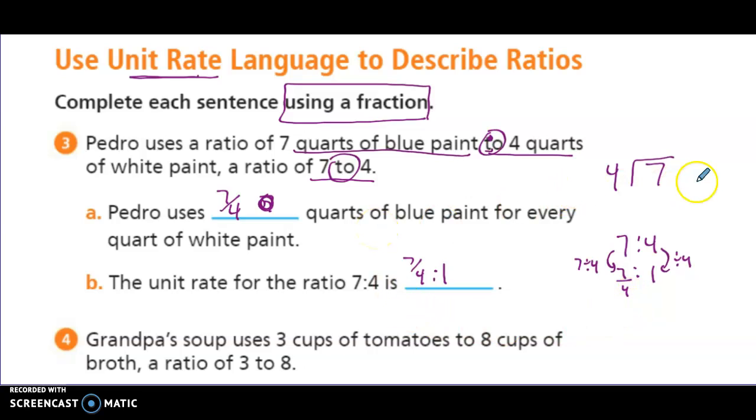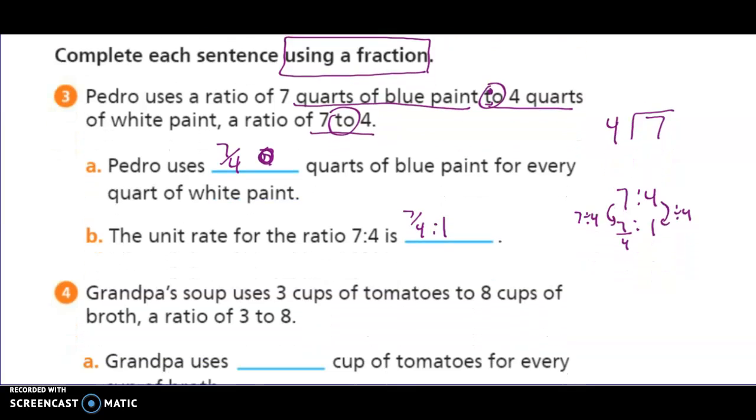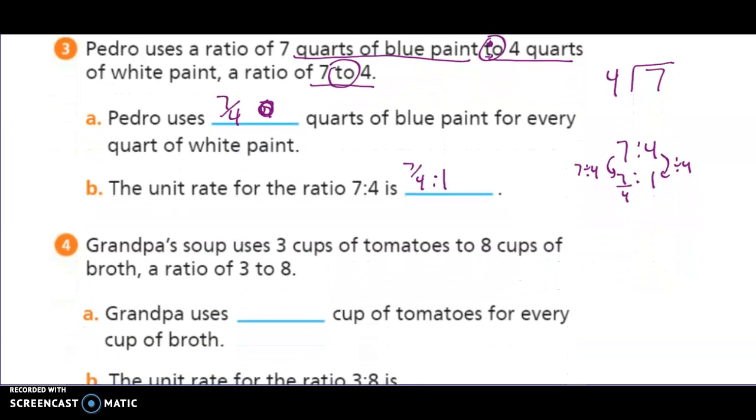Grandpa uses 3 cups of tomatoes to every 8 cups of broth. The ratio of tomatoes to broth is 3 to 8. He uses which fraction of tomatoes for every 1 cup of broth? So here it is, 3 cups tomatoes to 8 cups broth, tomatoes to broth, and I only have 1 cup of broth, so that 1 is going to go down here.